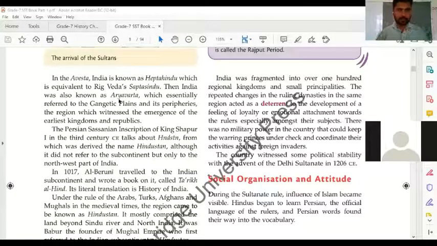Then India was also known as Aryavrat, which essentially referred to the Gangetic Plains and its peripheries, the region which witnessed the emergence of the earliest kingdoms and republics.